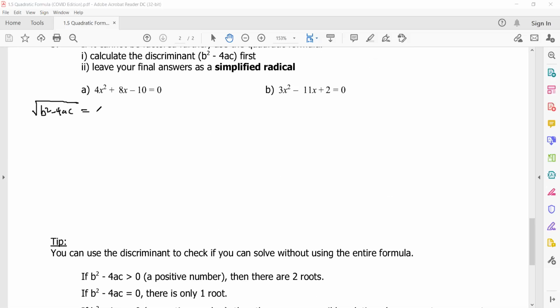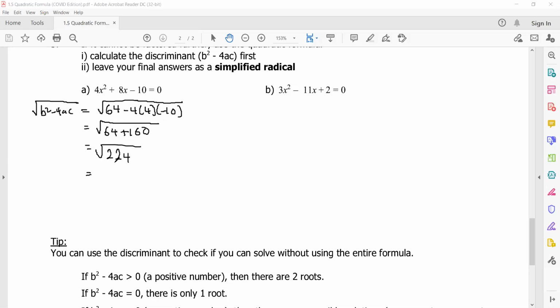Let's test it. The b version is b squared, so 8 squared, 64, minus 4 times a negative 10. 64 plus 160, so that is 224.